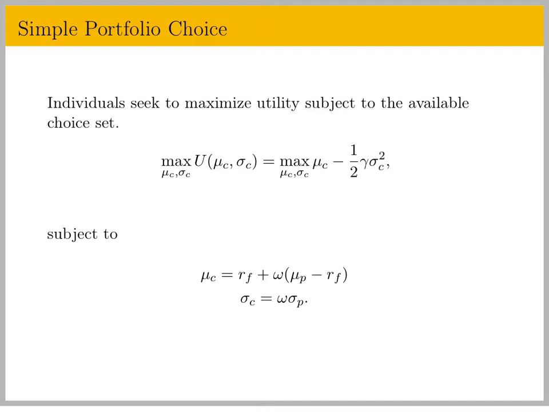That maximization problem is subject to two constraints. First, mu sub c is equal to the capital allocation line, that is, mu sub c is equal to RF plus omega times the risk premium, and sigma sub c is equal to omega times the volatility of portfolio P.